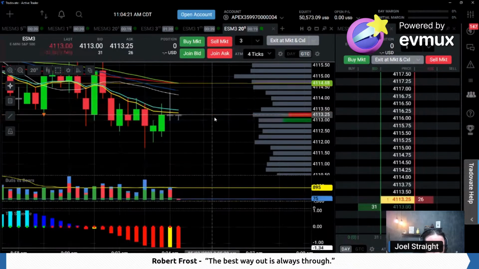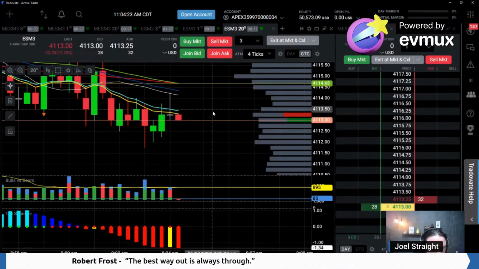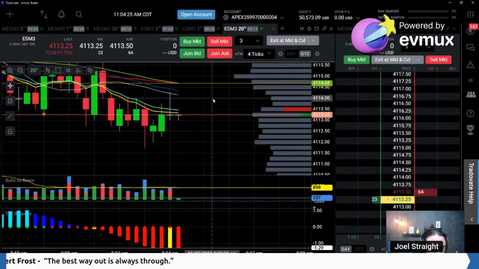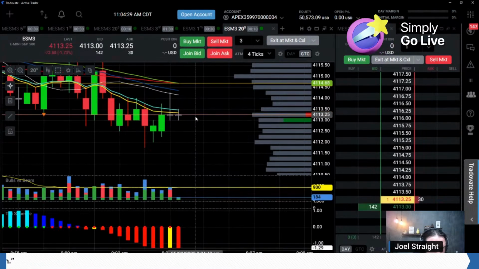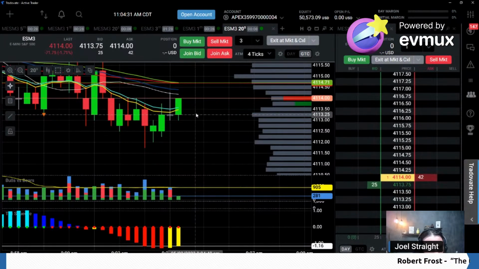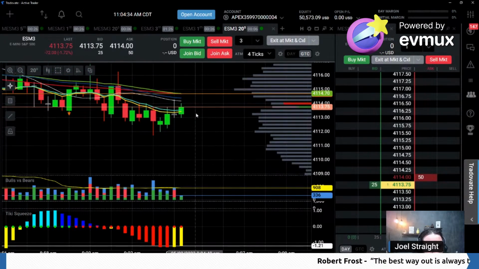Trying to decide whether or not to go short here. Looks more like a long, but I don't know. A lot of uncertainty for me today.